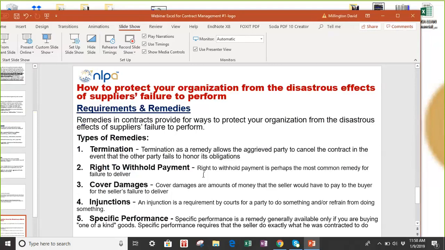Because you could be terminating a supplier that is very critical to your process, and this could be very, very disruptive.